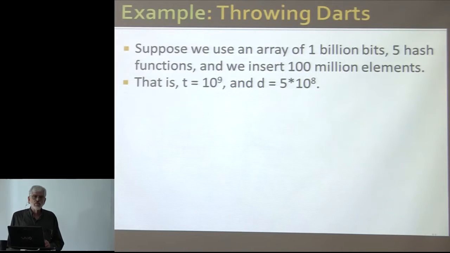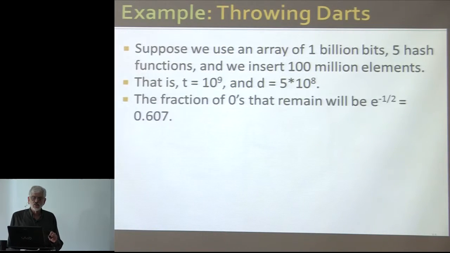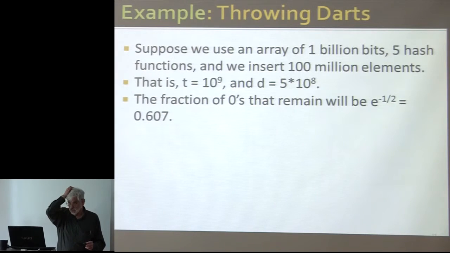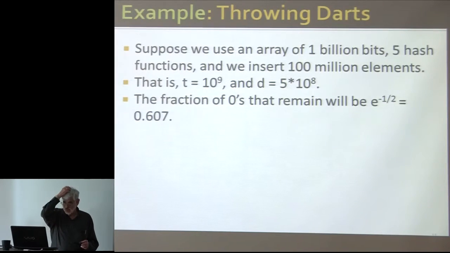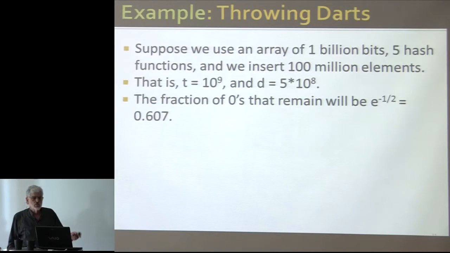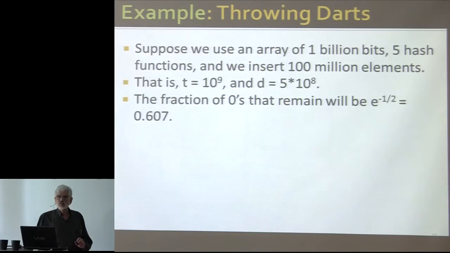So what is the probability that a target is never hit? Well, that probability is e to the minus a half, and if you look it up in a table or something, it's about 61%. So 39% of the targets do get hit, 61% do not get hit.